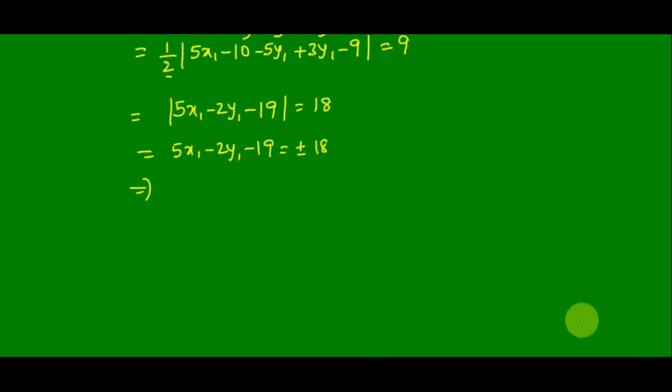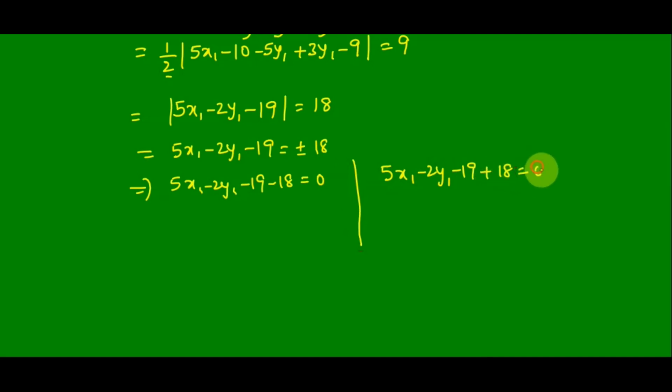So first time I'll take plus 18. So 5x1 minus 2y1 minus 19 plus 18, if it comes inside, it will become minus 18 is equal to 0. Similarly, if I take minus 18, then 5x1 minus 2y1 minus 19, this time it will become plus 18.